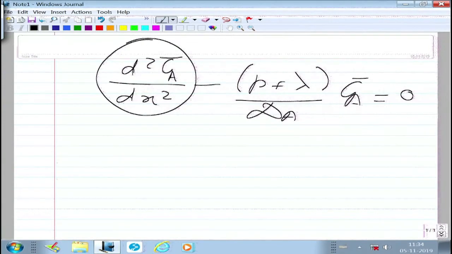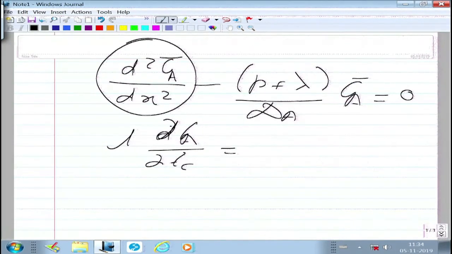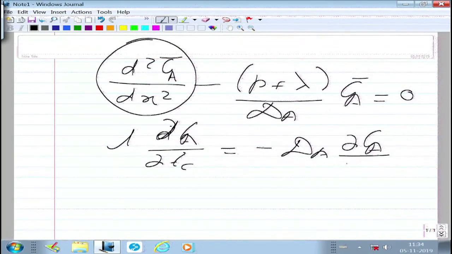So, the two boundary conditions will be, let me write it again, L dou Ca by dou Tc is equal to minus dA dou Ca by dou x. This is at x equal to say plus a.